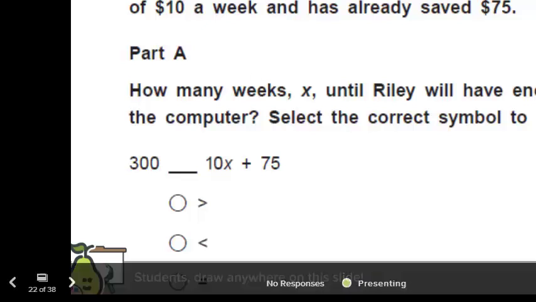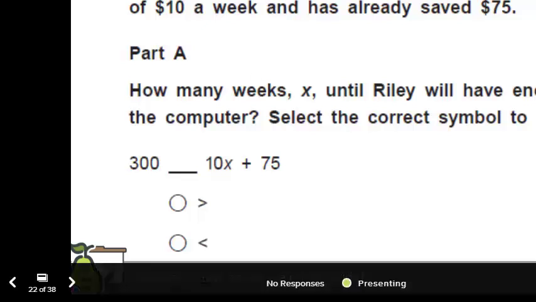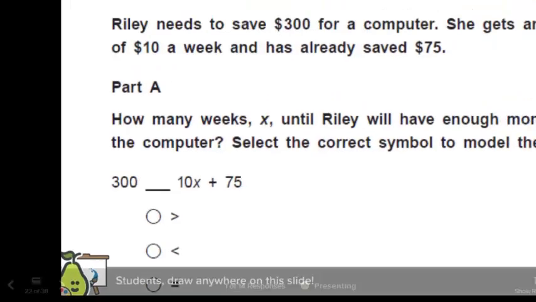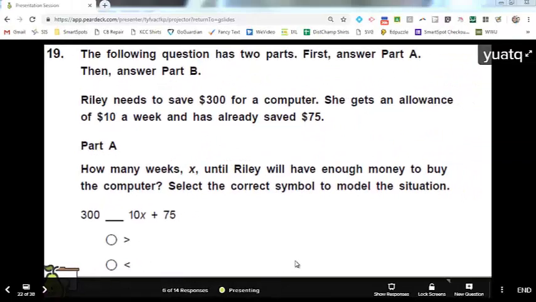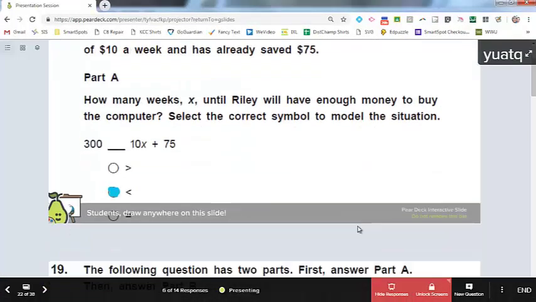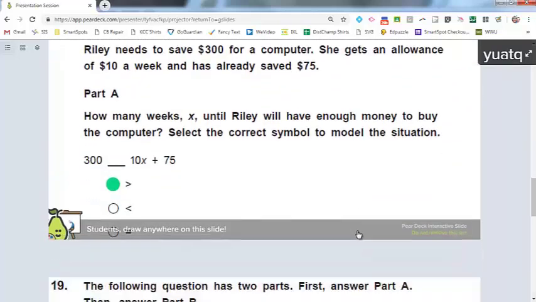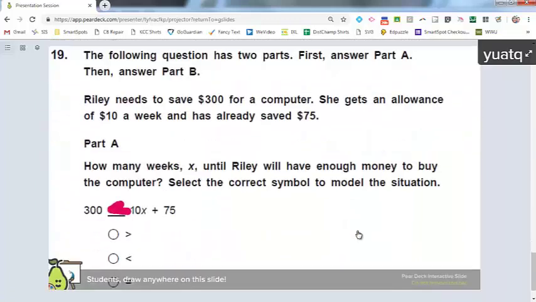So, do it. Select the correct one to model the situation. Okay, so on this one, we have less than, greater than, less than, greater than, less than.